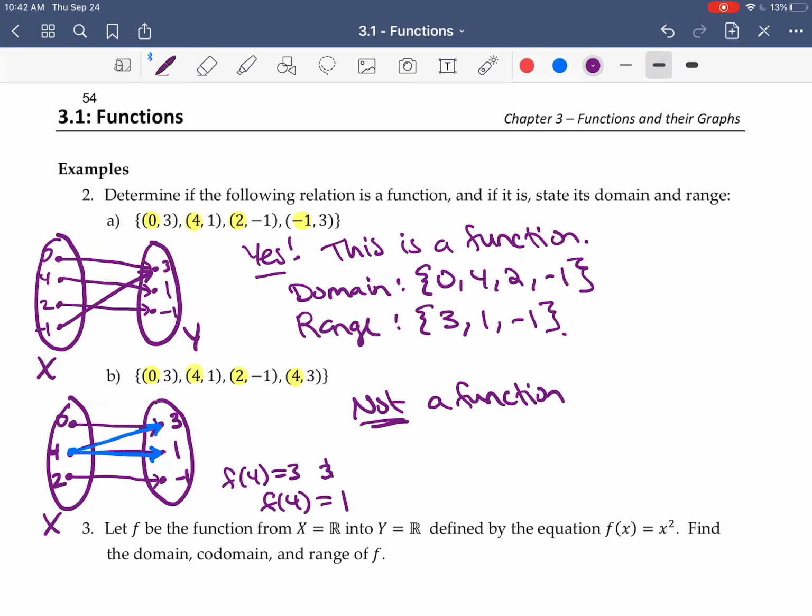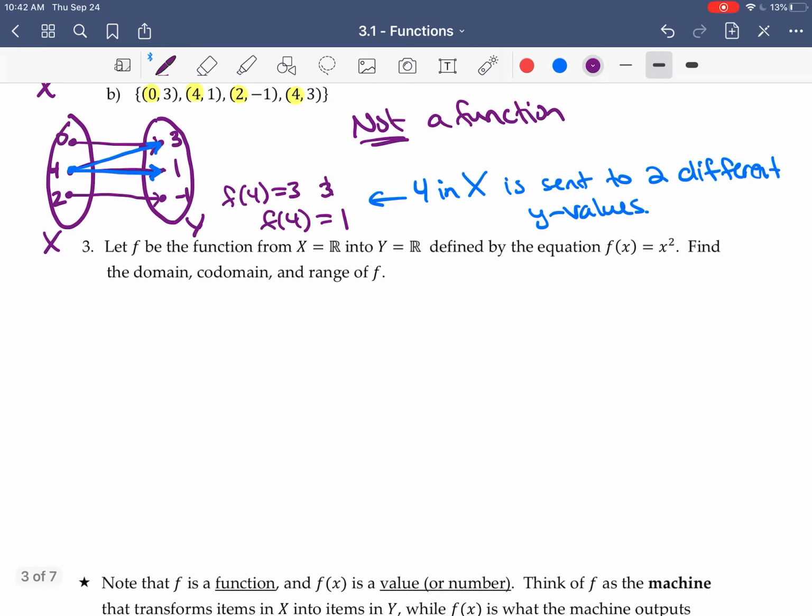The elements in x can go exactly one place in y. So 4, which is in our x set, is sent to 2 different places. So that's a bad thing.